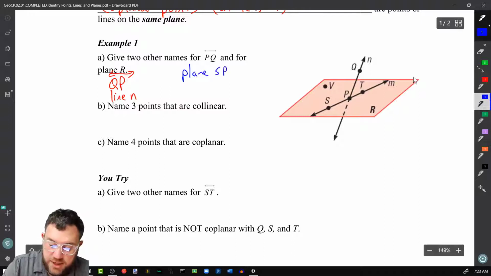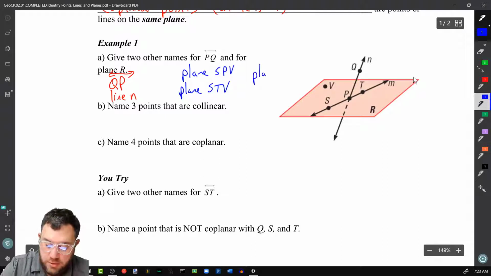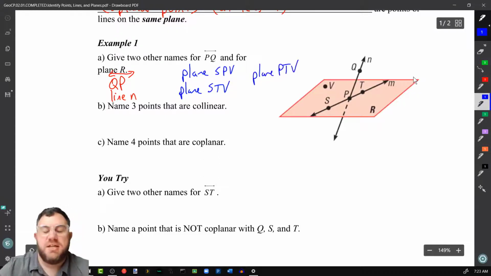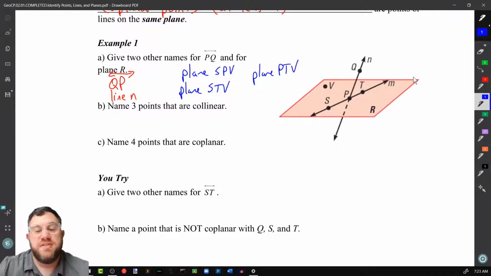But we could do S, P, V, those 3 points in any order. We could do STV in any order, or we could do PTV in any order. So that could be PTV or PVT or TPV or TVP or VTP or VPT. So those 3 points in any order would be fine.